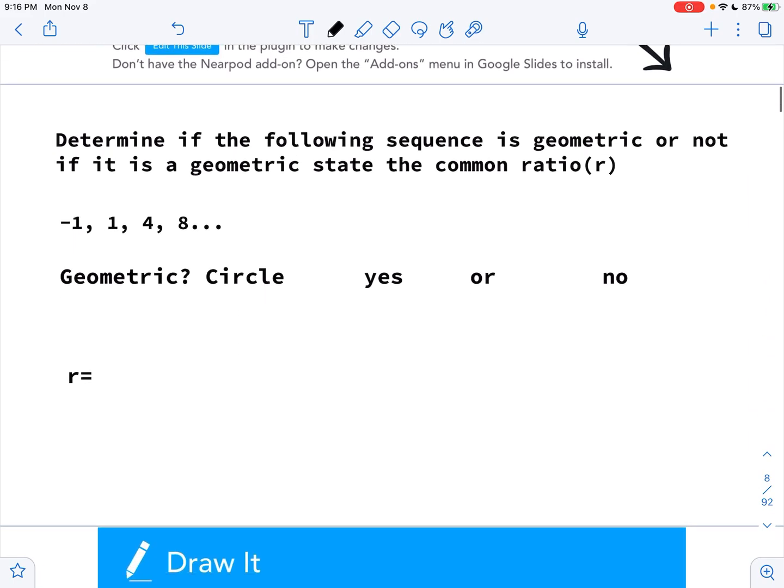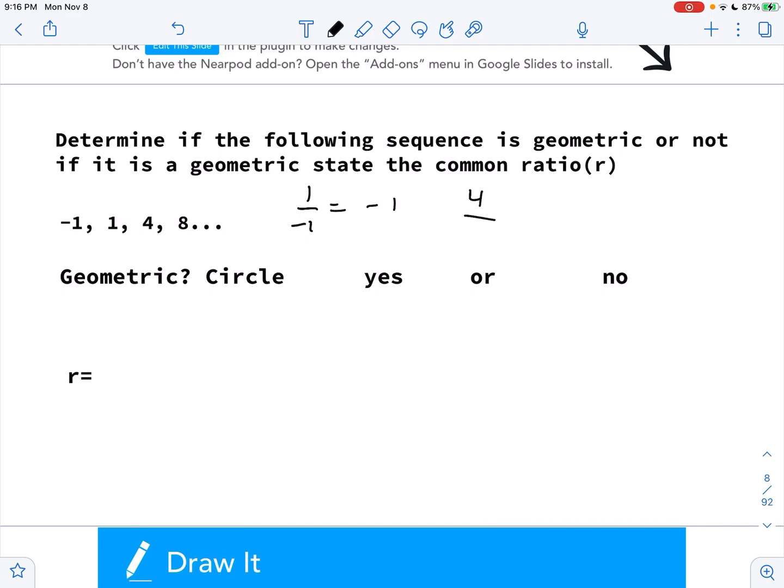Okay, so for this one, we're going to determine if the following sequence is geometric or not. If it is geometric, we're going to state the common ratio. So here we go. If it's geometric, it'll have a common ratio. If it's not geometric, it won't have a common ratio. So let's define 1 divided by -1 equals -1. That's the second term divided by the first.